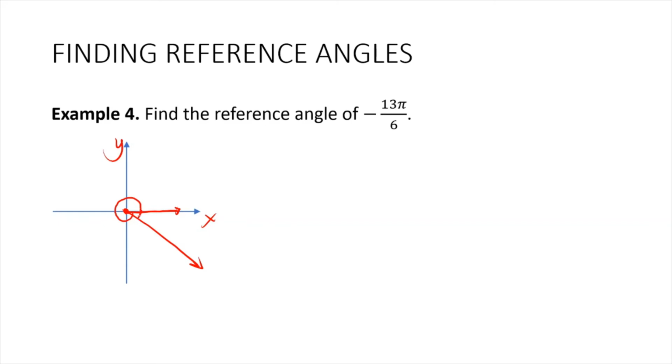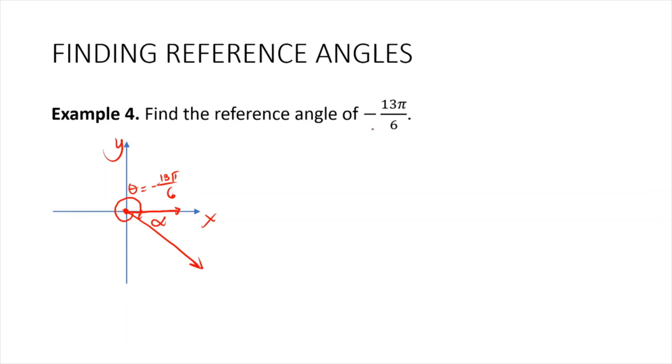So this is theta equals negative 13 pi over 6. The reference angle in this case is the acute angle formed by the terminal side and the positive x-axis. Okay, so this angle here, let's call it angle alpha.